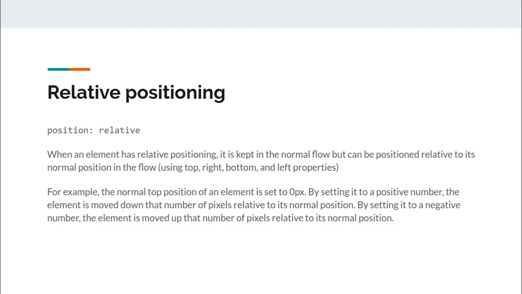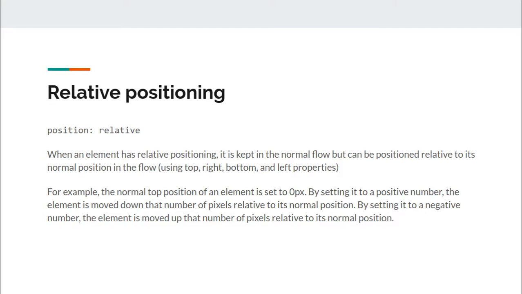So relative positioning means that it's kept in the normal flow. Where it appears on the screen is going to depend on where it appears in the HTML file. It's in the normal flow, but we can position it with top, bottom, left, and right relative to its normal position in the flow.